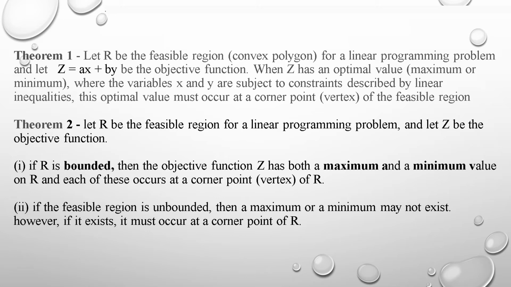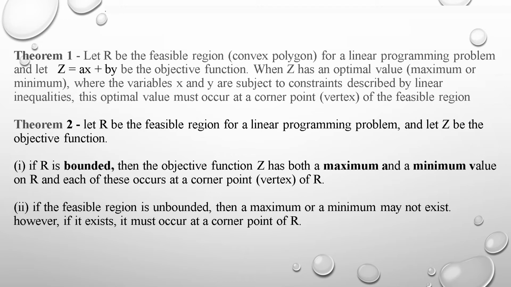Theorem number 2 says, let R be the feasible region for a linear programming problem and let Z be the objective function. Two possibilities are there. Number 1, either the region is bounded. Number 2, or the region is unbounded.